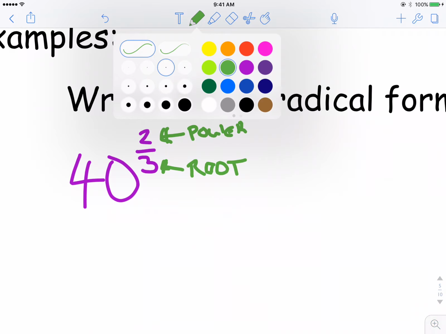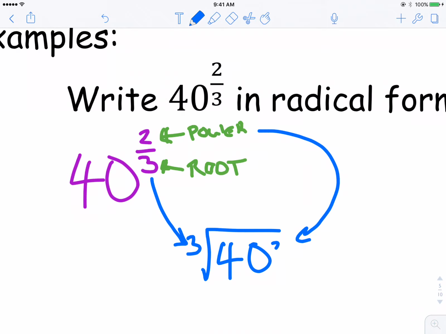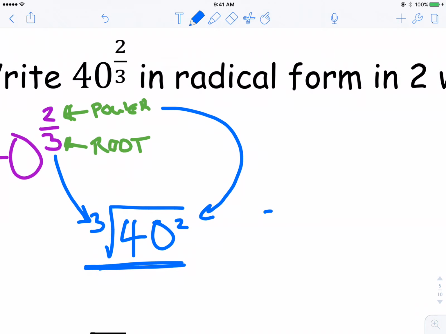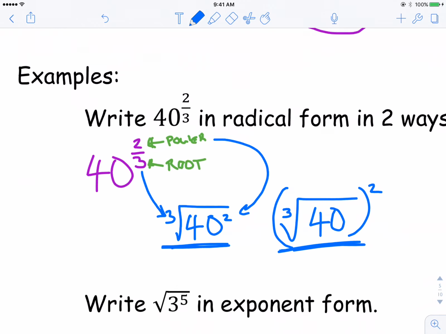So I just simply put my base down, 40, draw my root sign. I know it's the third root, or cube root, with a power of 2. Now here's one way with it drawn inside the radical sign. The other way, I could say the cube root of 40 all raised to the power of 2. And there is our other way.